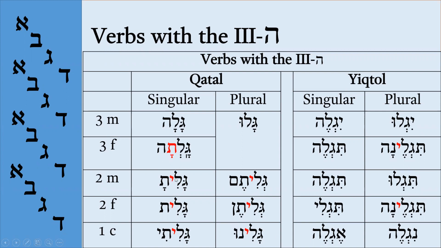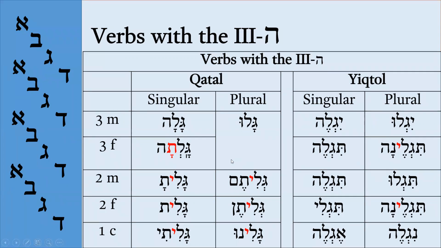So do you see, in some cases we can see that the letter yud appears again. And in some cases the letter tav appeared instead of hey. Not so many changes are in the plural paradigm of the Yiktol, but we still have it.